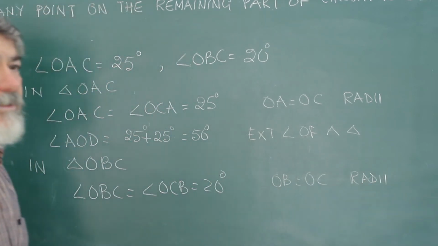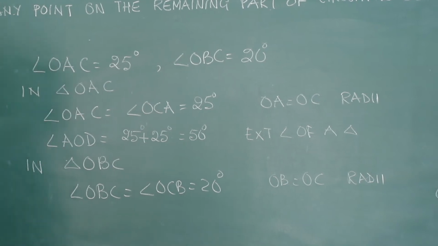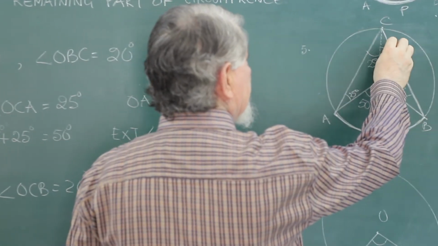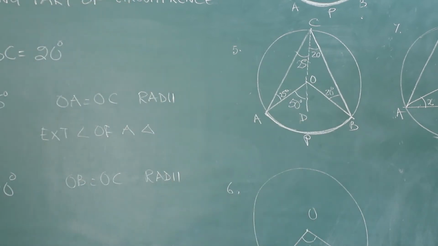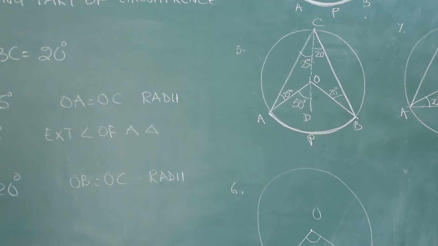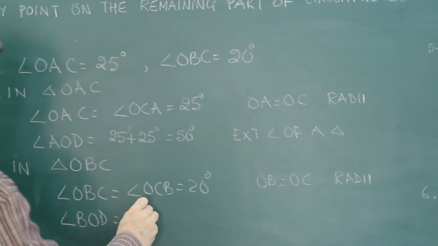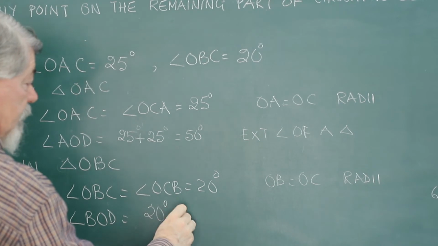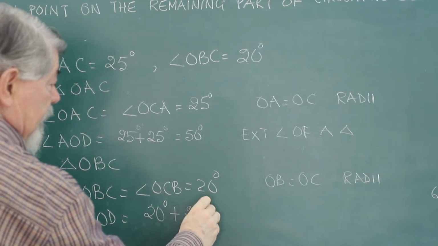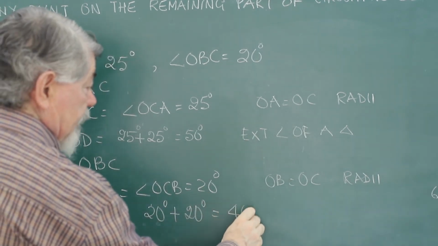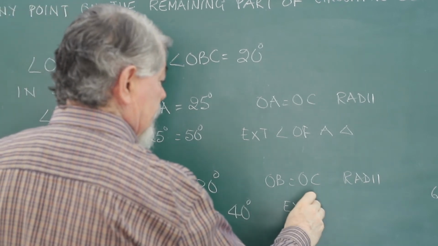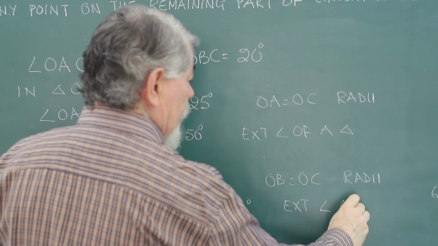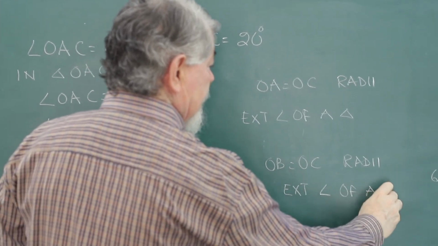So this angle will be 20. So angle BOD will be 20 plus 20, that is 40 degrees, by the exterior angle of a triangle.